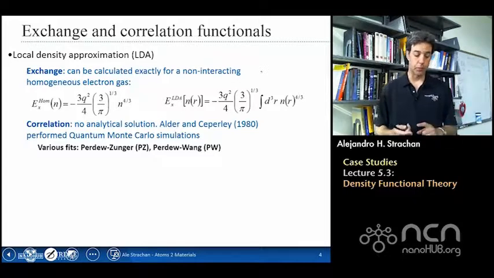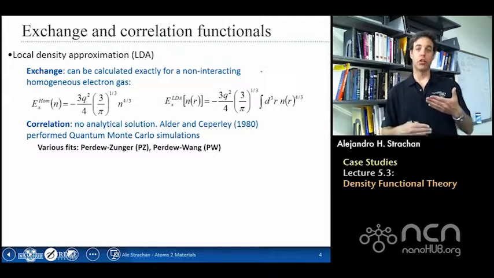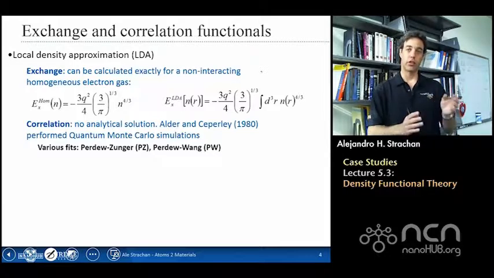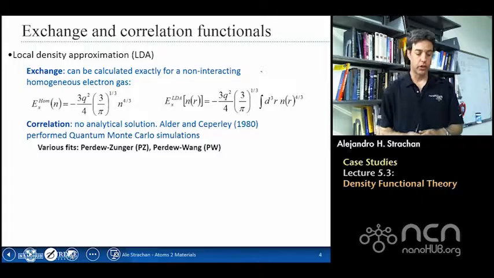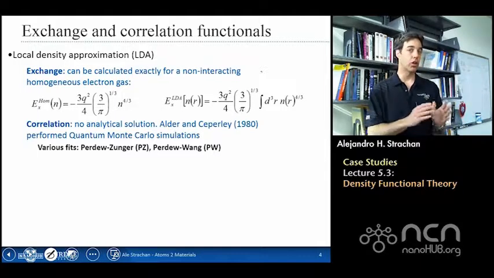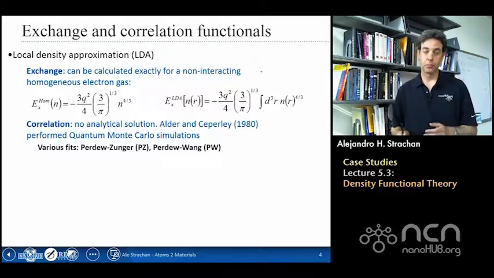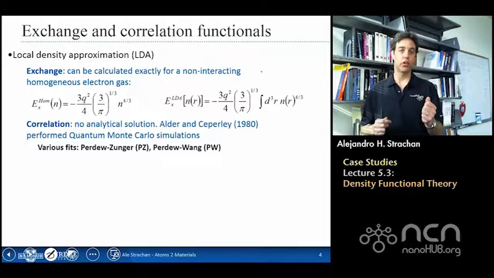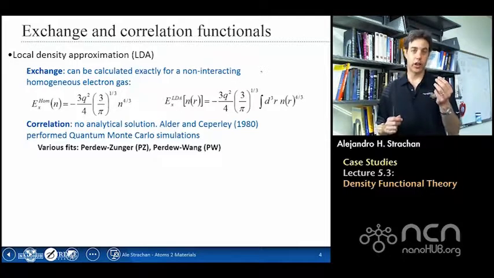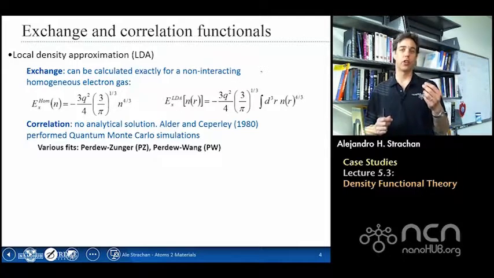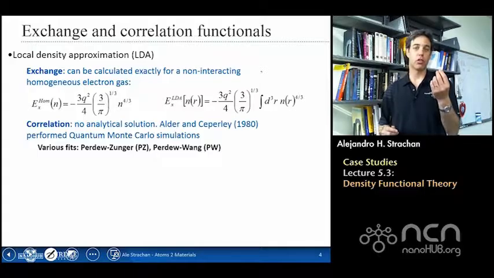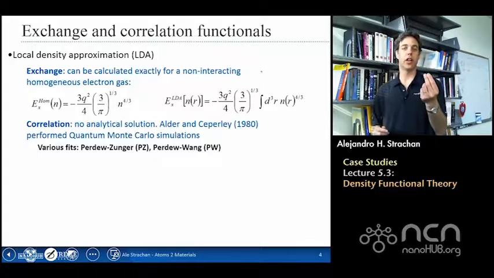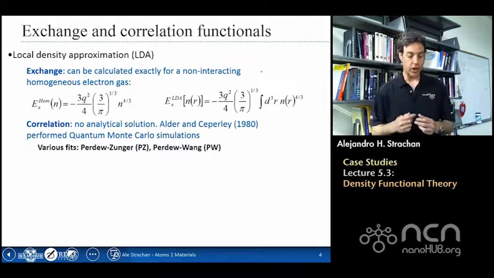to the total energy. And the exchange and correlation functionals that we use today can be divided in two categories. The first category is called local density approximation, and what it assumes is that the exchange and correlation functional is simply an integral over space of a function that depends only on the local density at that point, okay?